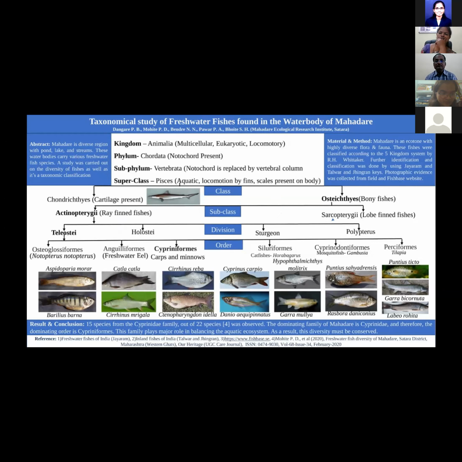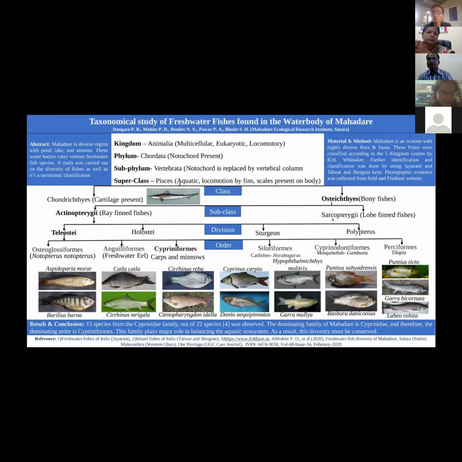Good afternoon, everyone. I am Poonam Balasur Dangre, a student of BSc third year. I am studying at Mahadari Ecological Research Institute. In the abstract: Mahadari is a diverse region of ponds, lakes, and streams. These water bodies carry various freshwater fish species. A study was carried out on the diversity of fishes as well as their taxonomic classification.